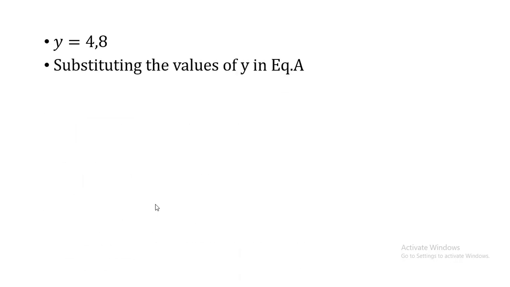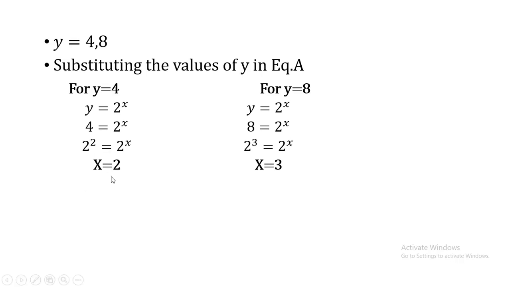Now I know that y was my supposed variable, so I have to do back substitution to find the values of x. Substituting this value of y in equation A, when I put y = 4, y = 2^x was my initial supposition, so 4 = 2^x.